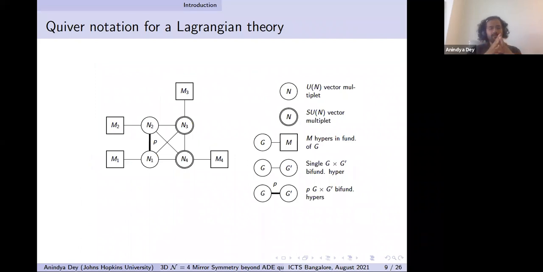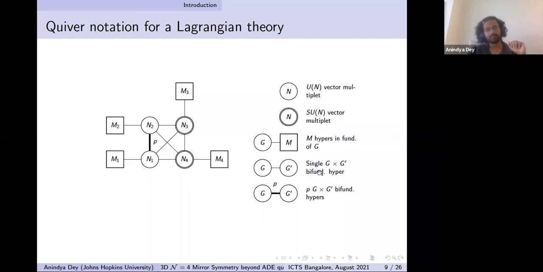Now I need to introduce quiver notation for the Lagrangian theory that I'll use for the rest of the talk. So this is like a brief summary. This circle node will represent a U(N) vector multiplet. The ones with double circle will represent an SU(N) vector multiplet. Circle with a box is a certain number of hypers in the fundamental.